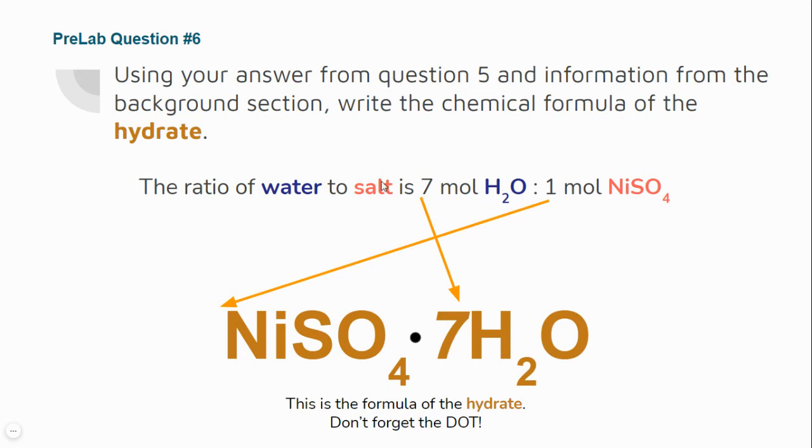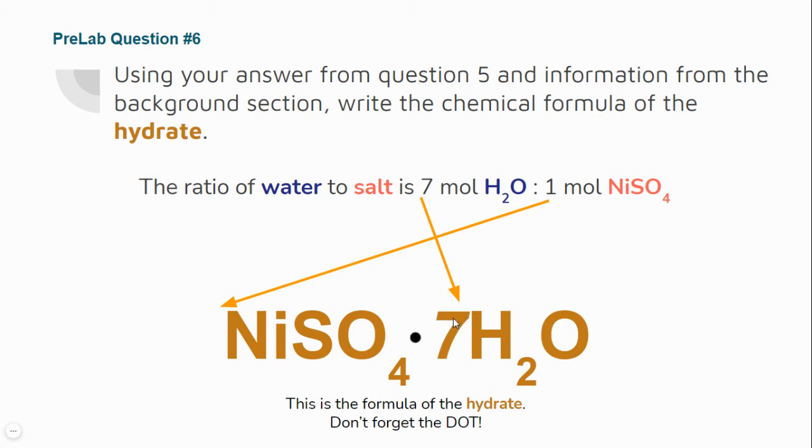Now we know that all hydrate formulas contain not only the ionic compound and the water, they also contain this dot. And that dot shows us that it is a hydrate and that these are 2 separate compounds that have been joined together as one substance. But they are separable, like we can separate them via evaporation or boiling.